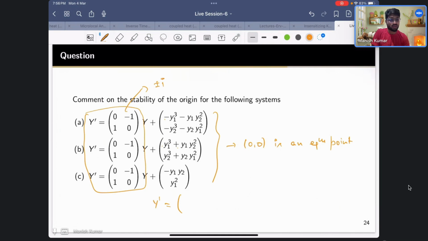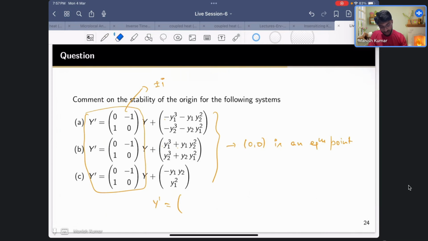From the theorem we have studied, when the real part is 0, we cannot draw any conclusion about the stability of the equilibrium point for the non-linear system, right? So using this Lyapunov functional, we can conclude. One thing to be noted here is that the linearized system is same in all three cases. But we have seen for the first two cases that in this case it was asymptotically stable, but in this case the equilibrium point (0,0) is unstable. So we could not conclude from the linear system, right?